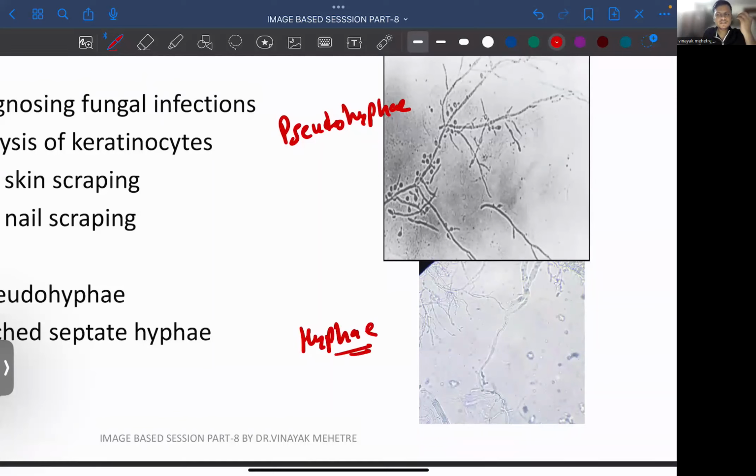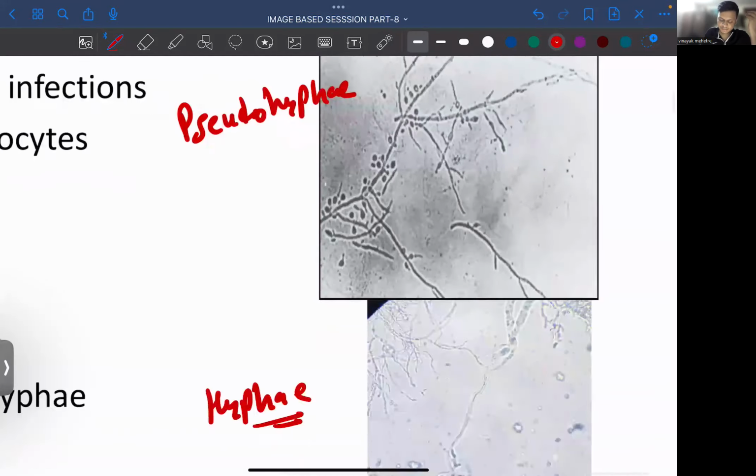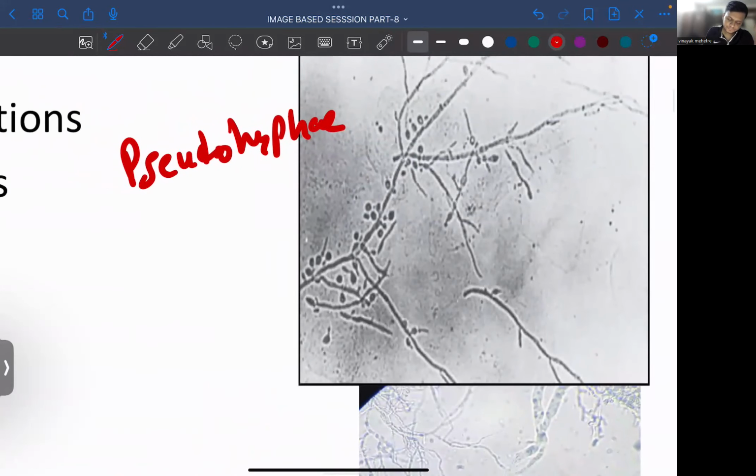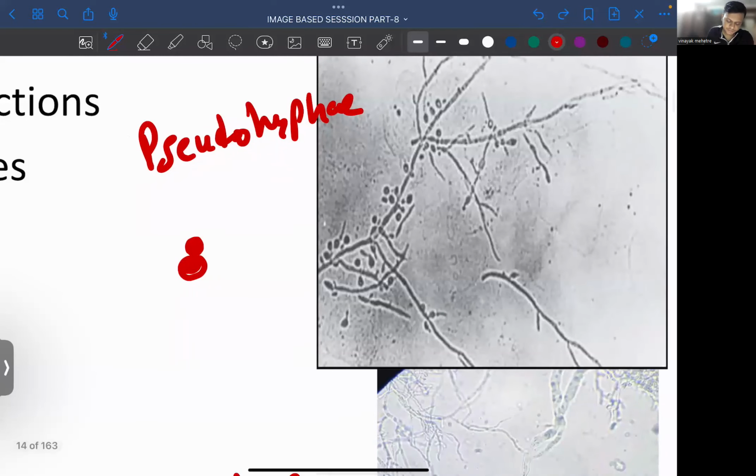Okay. Even in pseudo hyphae, if you can appreciate both the images, इसे क्या बोलते हैं? Take a look over here. It is called as, कुछ इस तरह का दिखता है, right? This is called as budding yeast. इसी को बोलते हैं.